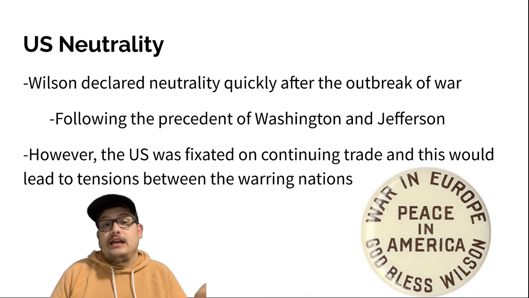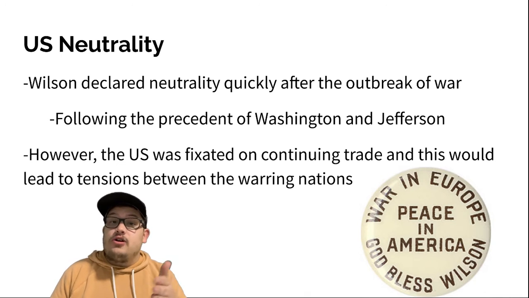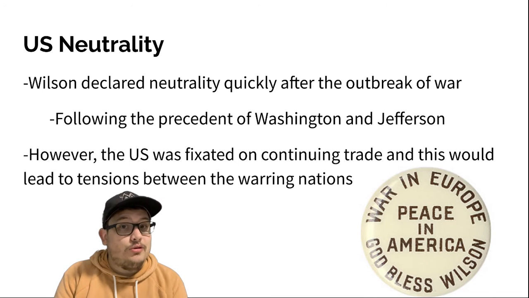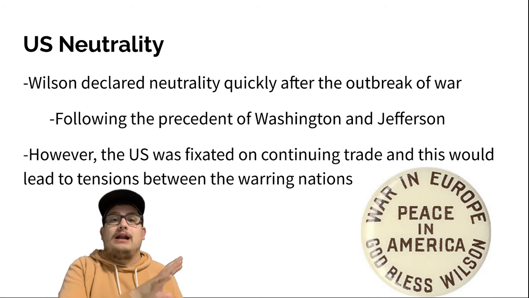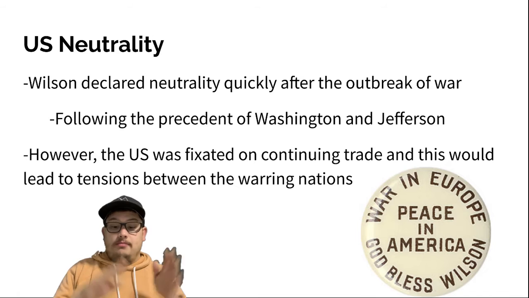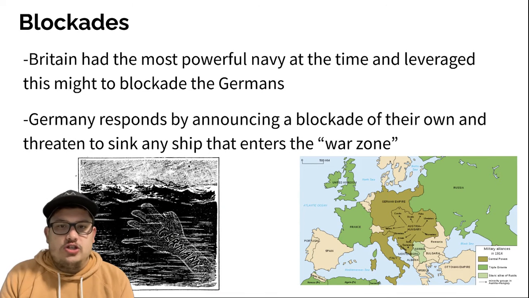And honestly, it's also World War II. We'll see this a lot in World War II. In fact, I don't know if you could tell by the name, there are a lot of similarities between World War I and World War II. But it is important to point out America not really wanting to get involved. You can see that sticker there: War in Europe, Peace in America, God bless Wilson. So now we have all of these European countries involved, and you're going to start to see blockades put into place.